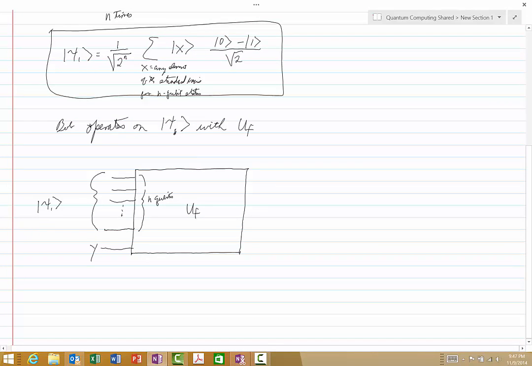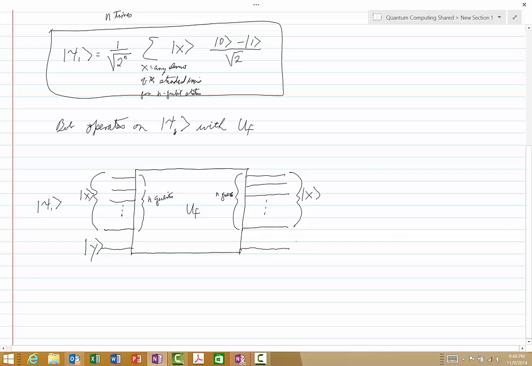And so then, of course, we will have similarly n qubits coming out. And if we call this x coming in, then we know that does not get modified. We'll have x coming out. But on the last line, we will have, let's write this like this. So here's x, and here's x, and this part is y, which is the 0 minus 1 over square root of 2.